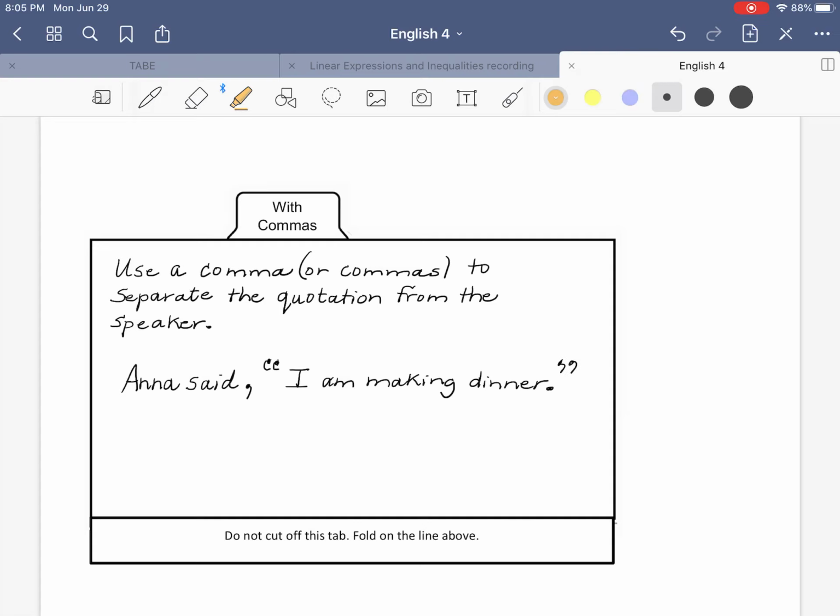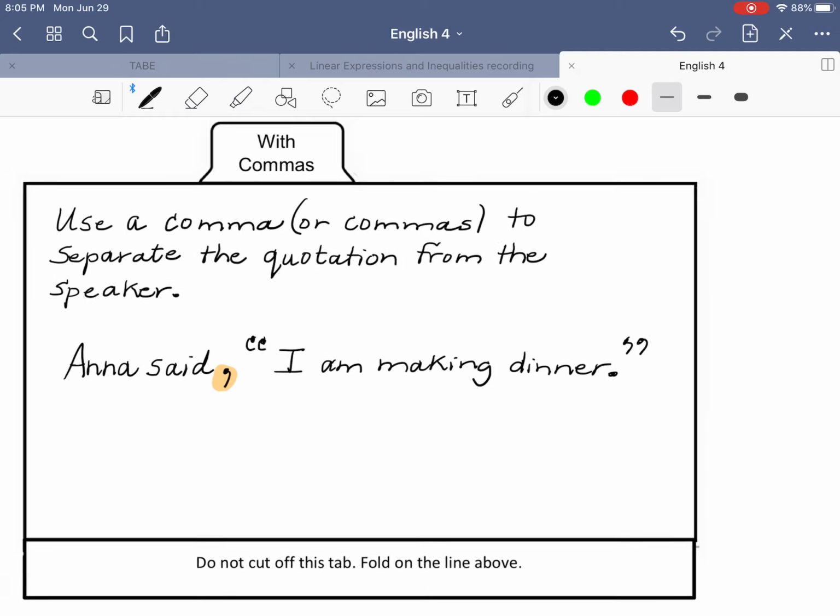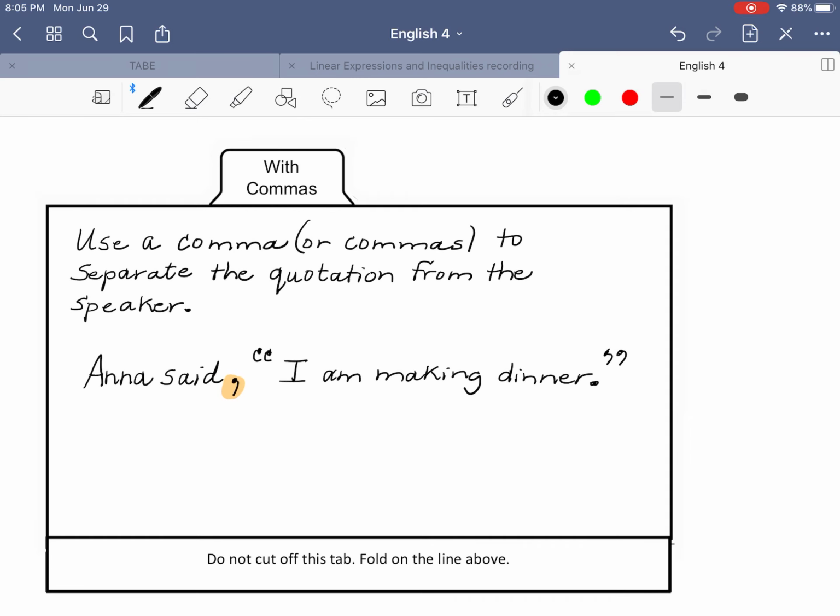So you are separating your speaker, Anna said, from the quote itself. So you need a comma in that spot. If you write the quote the other way, I am making dinner, comma, said Anna.